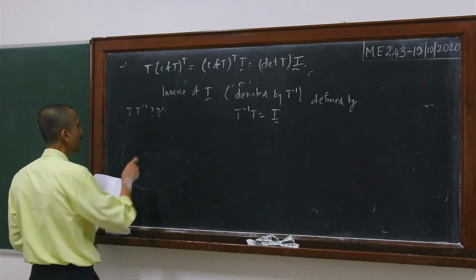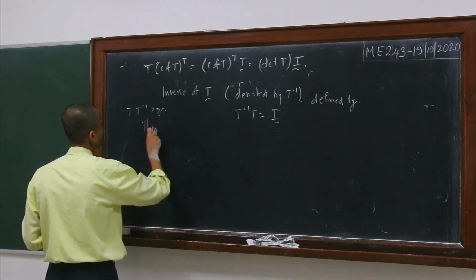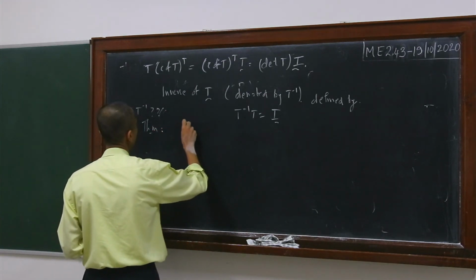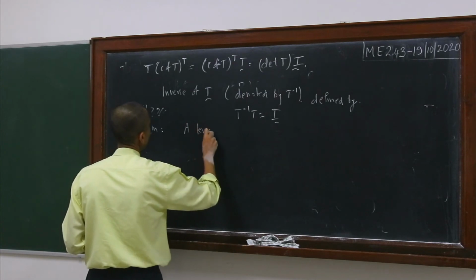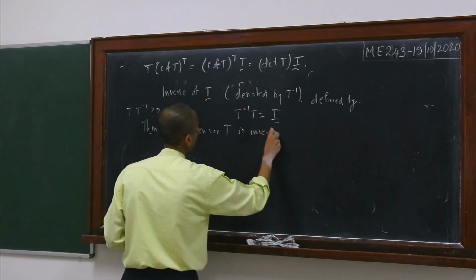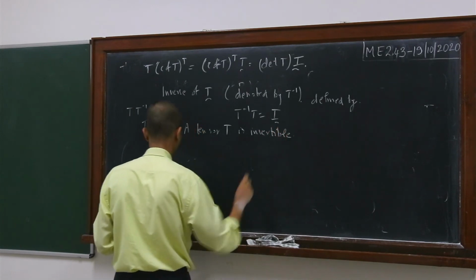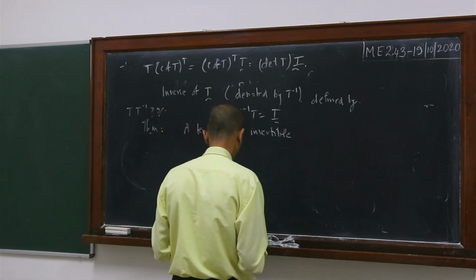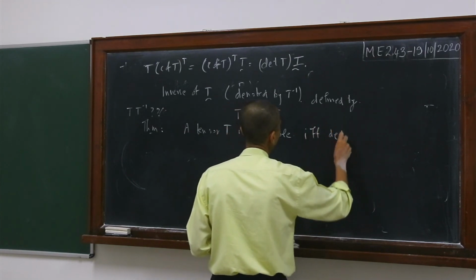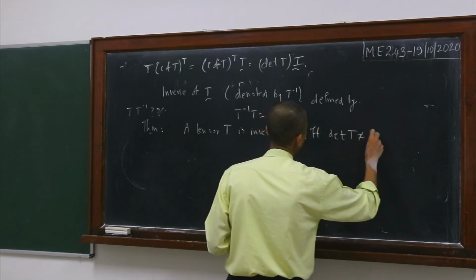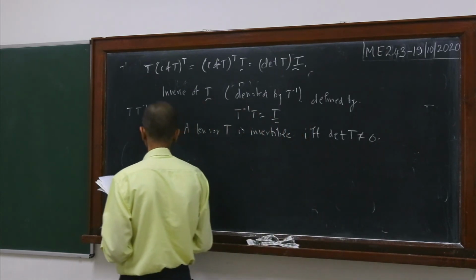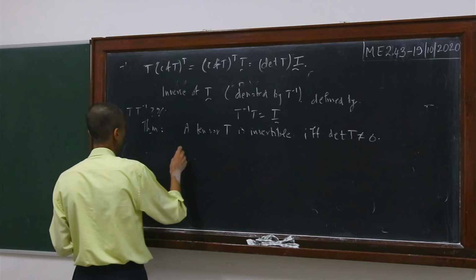Theorem: a tensor T is invertible if and only if determinant of T is not equal to 0. And the inverse, if it exists, is unique.